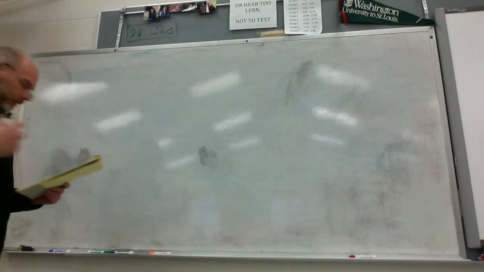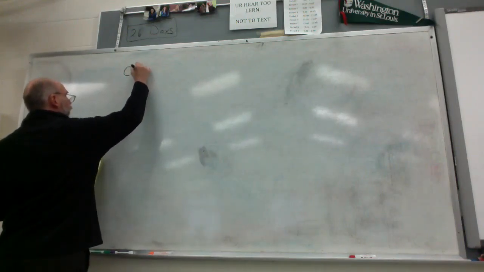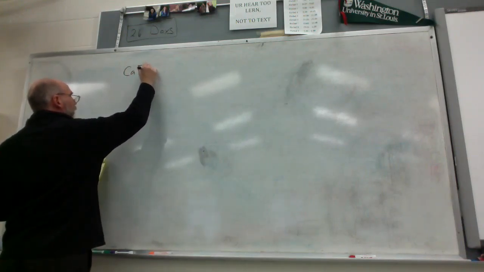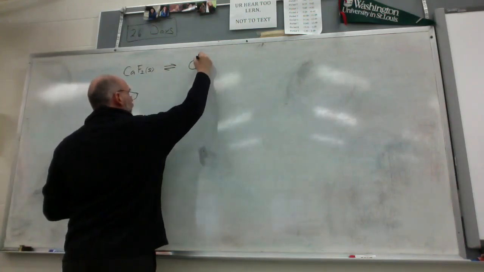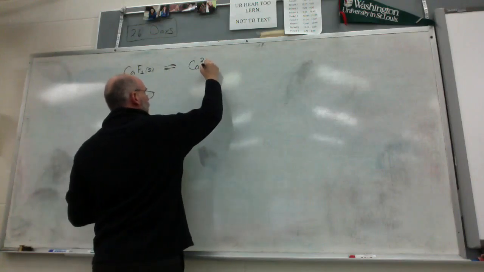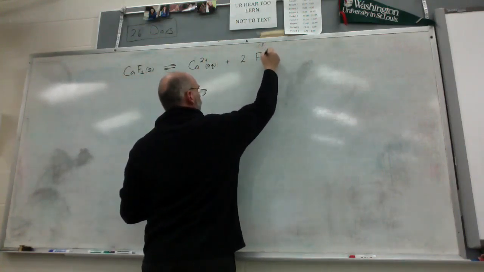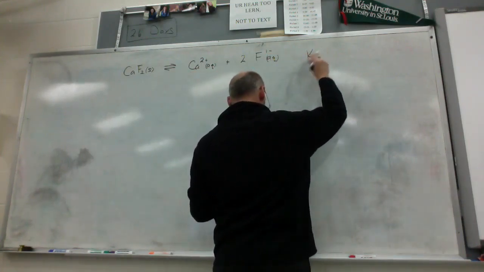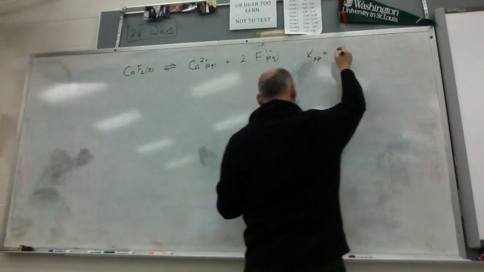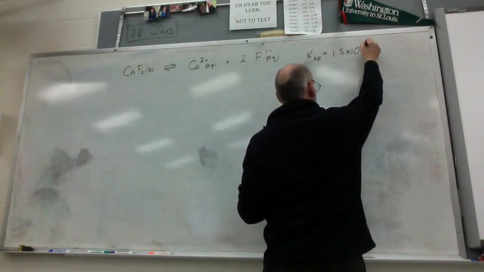I'm going to go ahead and do this because I think it will help you figure out what's going to happen. After you've done enough of these, you can almost skip this step, but I think for now, it's going to be very beneficial for you to look at it. We do not know what the solubility is; the KSP is provided as 1.5 times 10 to the negative 10th.